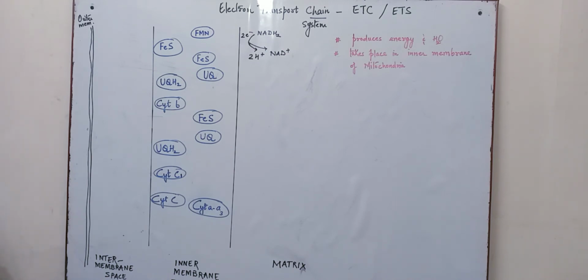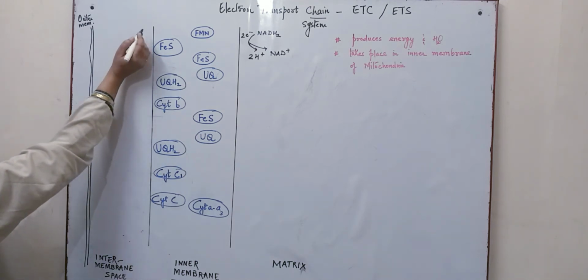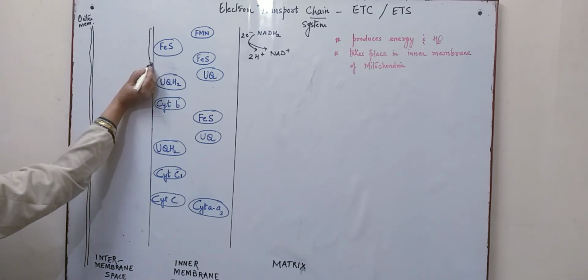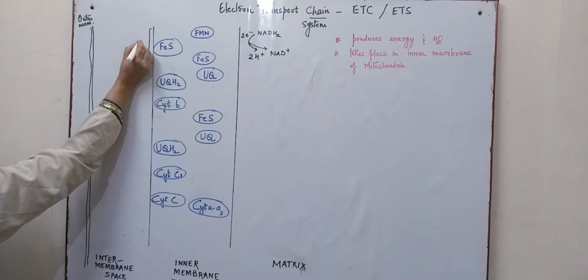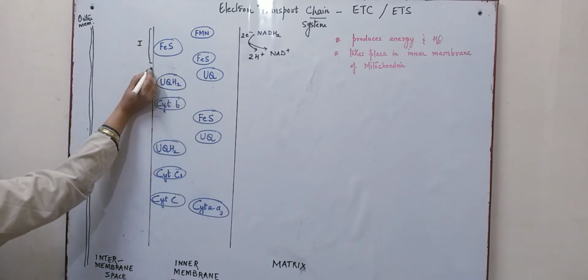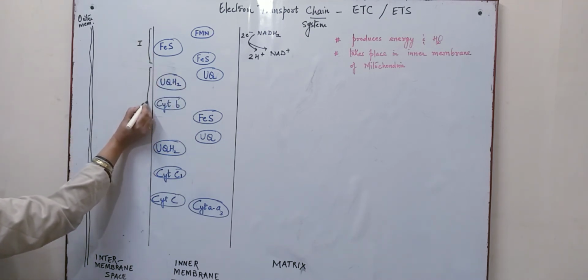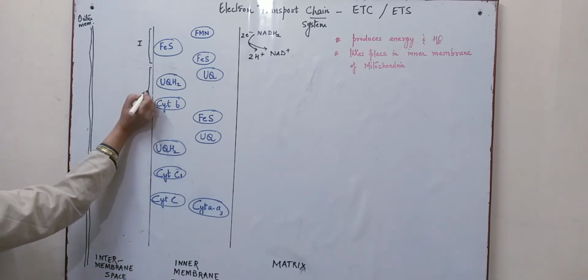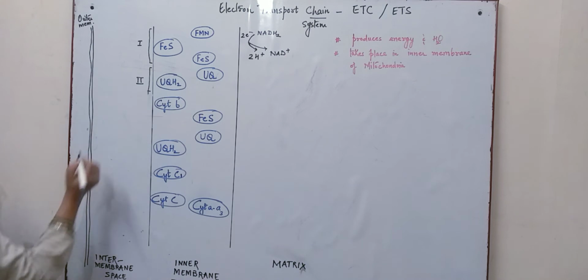When we study these electron acceptors further, for our understanding, we will divide them into complexes. So let us divide, there are 4 complexes. This is complex 1. The ubiquinone will be the second complex.